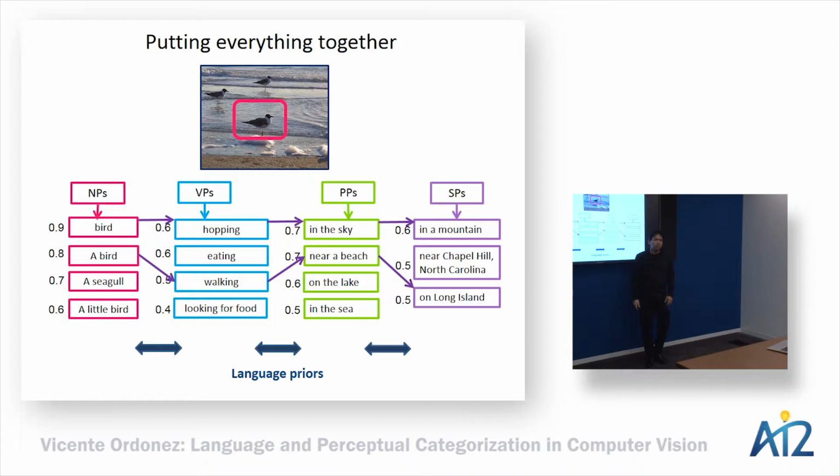And the same applies to on the lake 0.6 and near Chapel Hill 0.5. On the lake would not compare the features of the object, but would look at the things that are surrounding the object. And the noun phrases use very similar feature descriptors as the verb phrases.